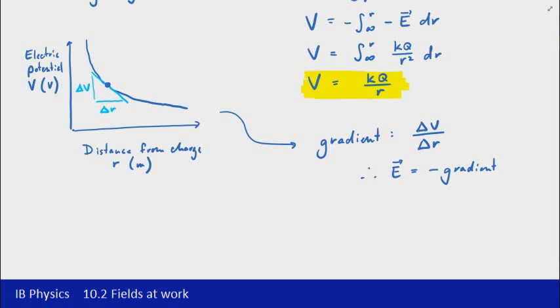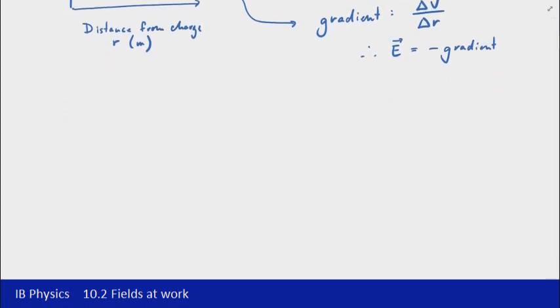The field is radiating away from the point charge. We'll have a look at a few more questions in class dealing with electric potential and how it relates to electric field strength, but just wanted to draw your attention to how that equation links in when you're dealing with a point charge, where the field is no longer uniform.